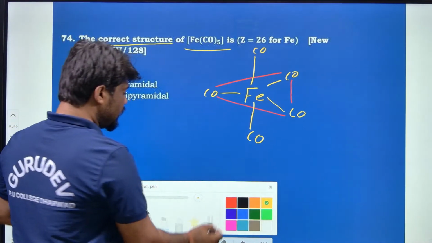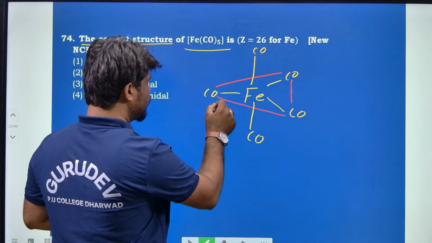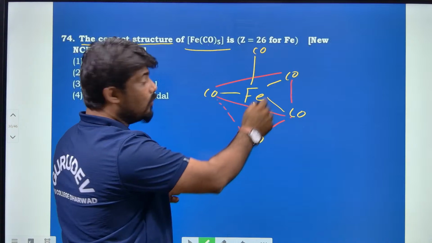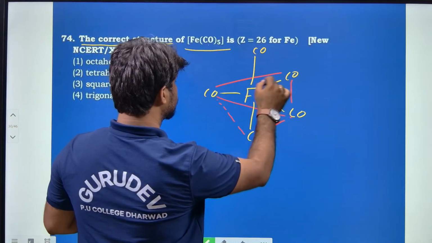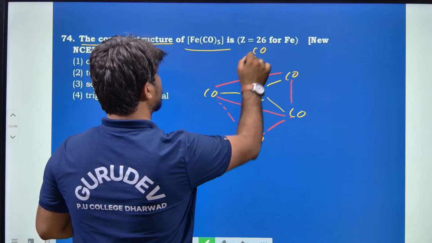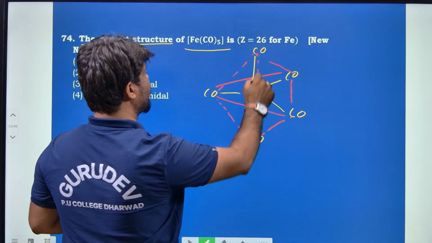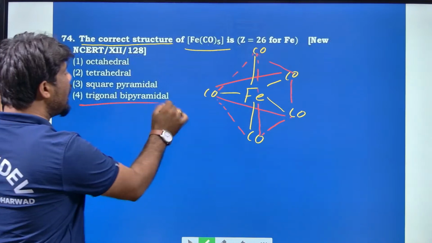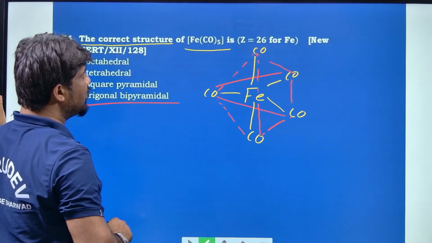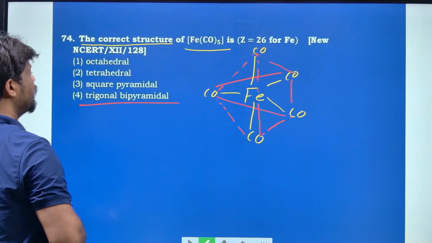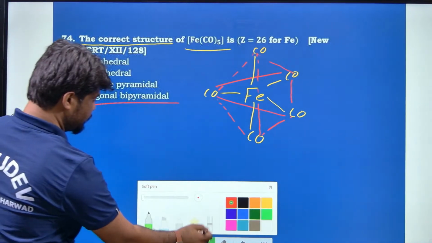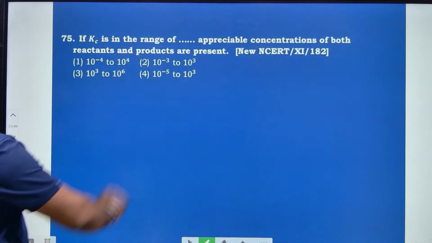So here it forms like a pyramid. Like this, it forms the trigonal bipyramidal. Answer 4 is the right answer for the question here. Well, go to the next.